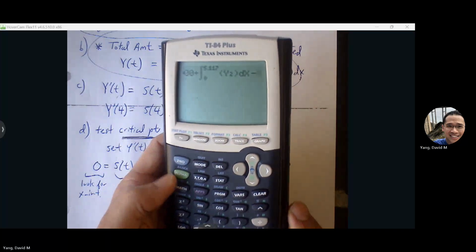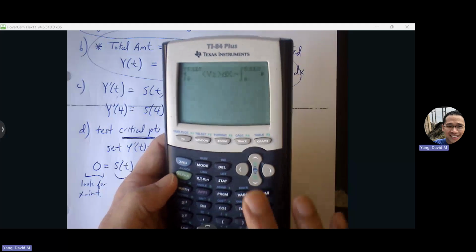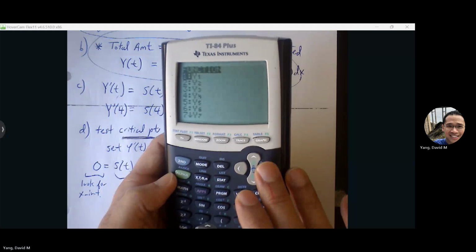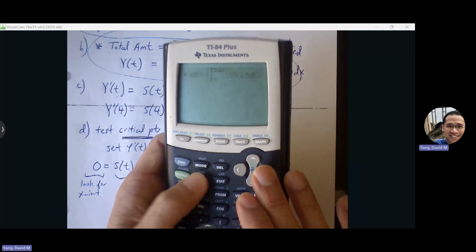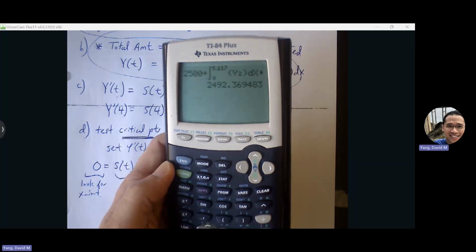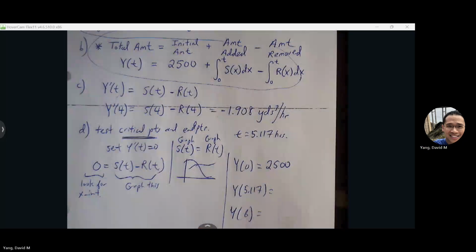Minus math 9 from 0 to 5.117 of R. And that gives 2492.369.